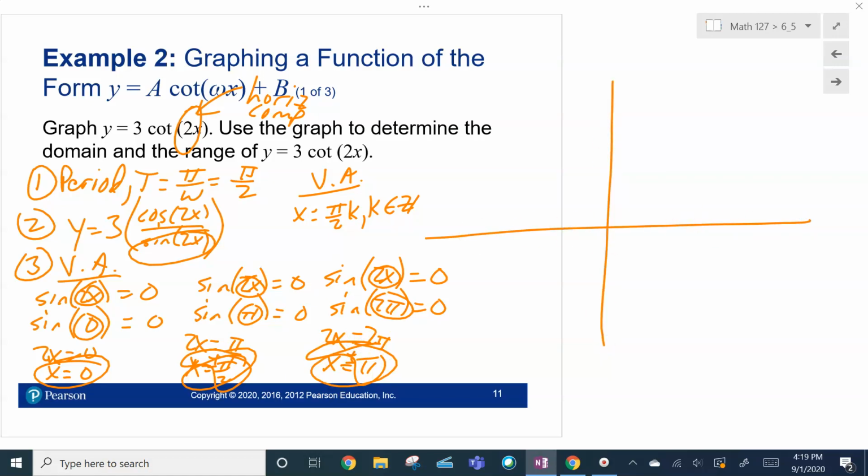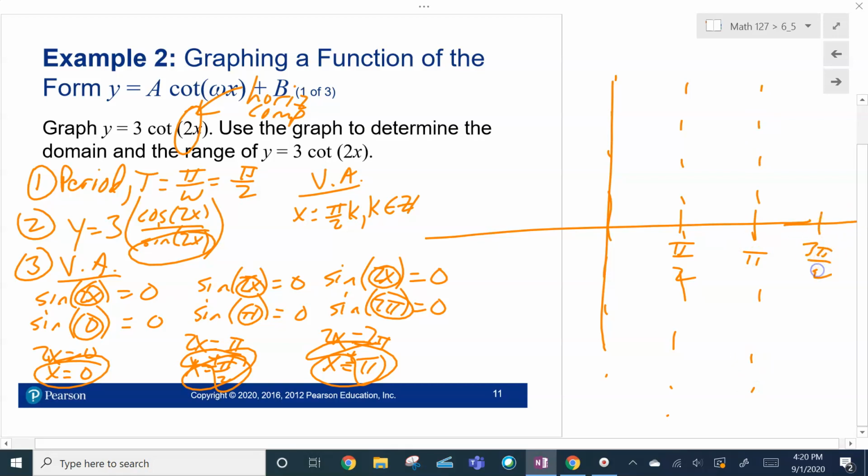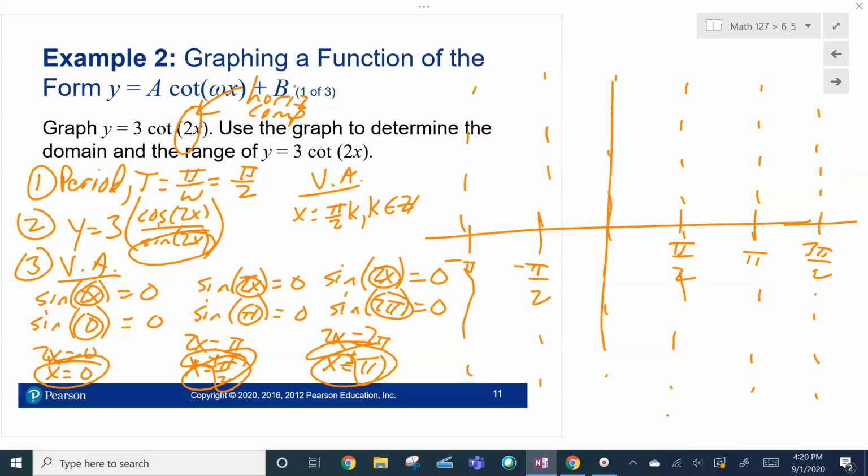So then I'd graph it, and I'd say, well, x equals 0, right down the middle. Pi halves is the next one. Pi is the next one. 3 pi halves is the next one. And so on. And then I plot some points. So I plug in like pi fourths.